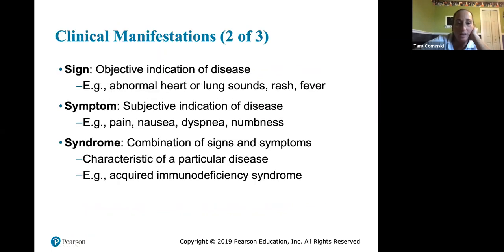And again, just terminology. If we talk about a sign versus a symptom, what's the difference? How would you describe that difference? It kind of says it right there, right? When we say subjective, we usually mean the patient. So the patient feels these things. The patient feels pain.